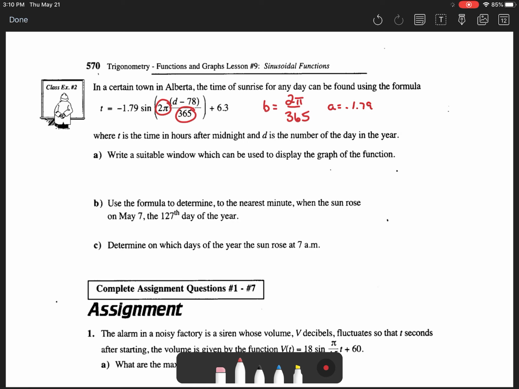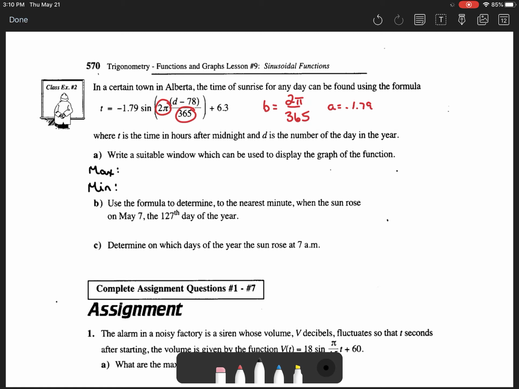Okay. So it says write a suitable window which could be used to display this function. So again, just like in the last question, they leave a little bit out this time. I want to know the max and the min value. So how high and how low this graph goes.